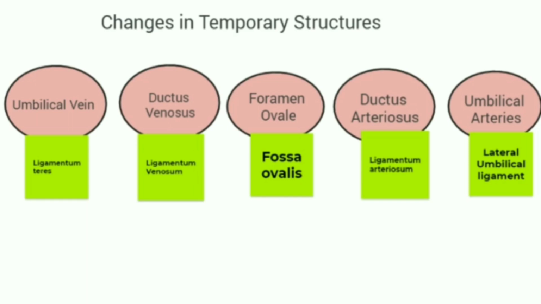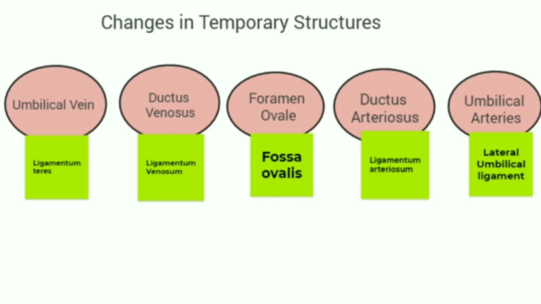Next question: the passage between the right and left atrium is known as the foramen ovale. Next question: after birth, the ductus venosus degenerates into which structure? The correct answer is ligamentum venosum.